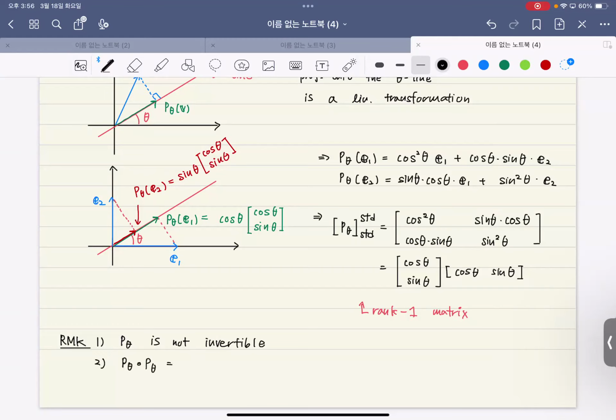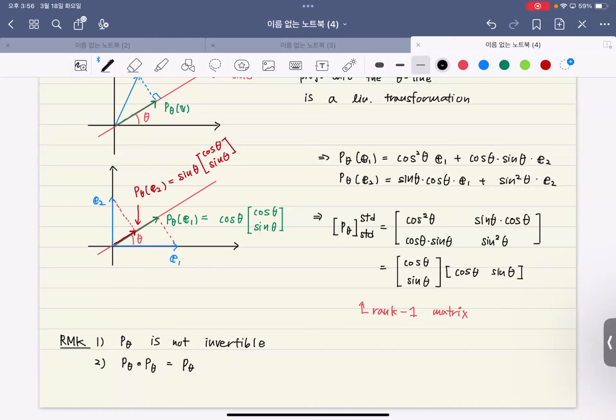As a matter of fact, this is a defining characteristic property of any projection matrix. If you compose the same projection twice, that effectively means nothing but applying just one projection. Right? This is again very easy.